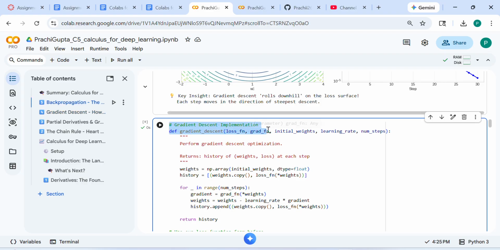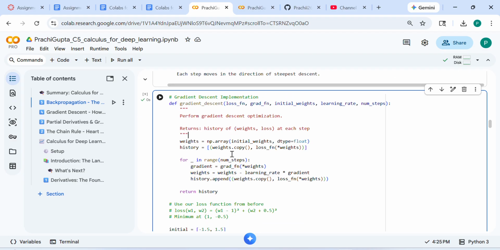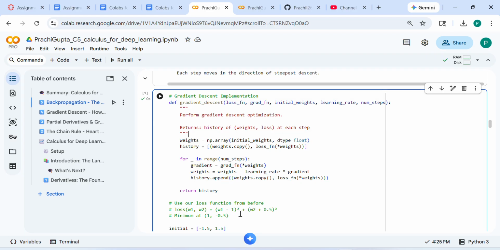So this is the gradient descent implementation. This is the actual algorithm for walking down the hill. It computes the gradient at the current weights and then updates the weights. How does it update the weights?